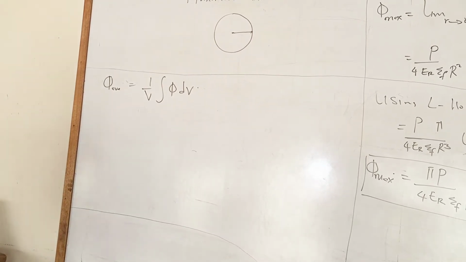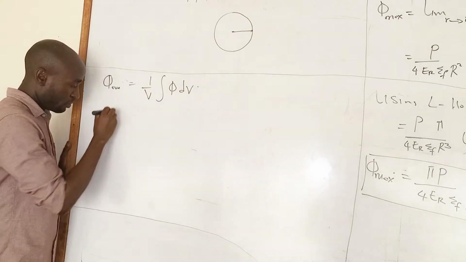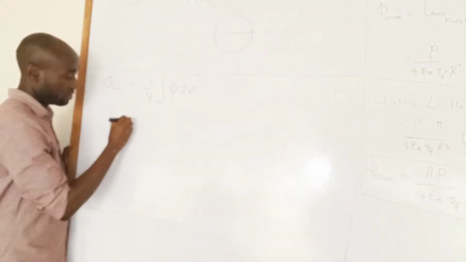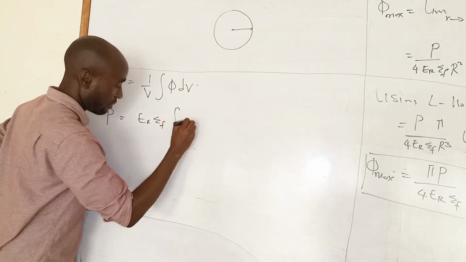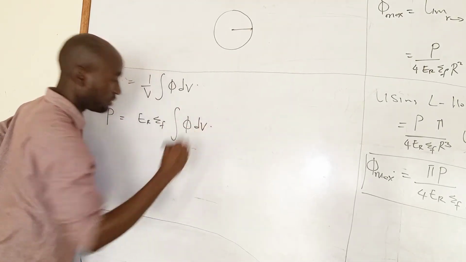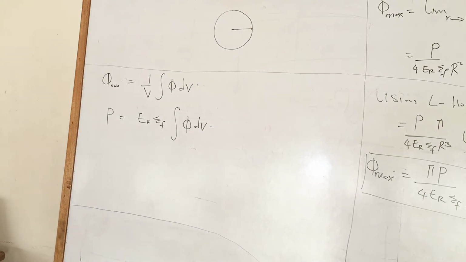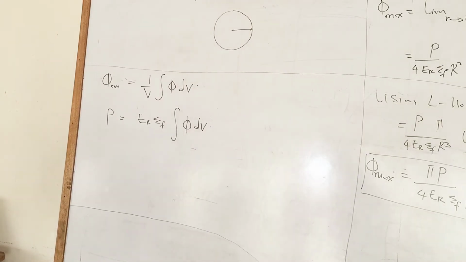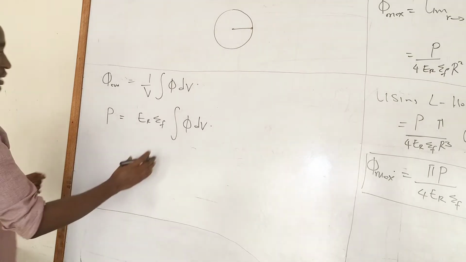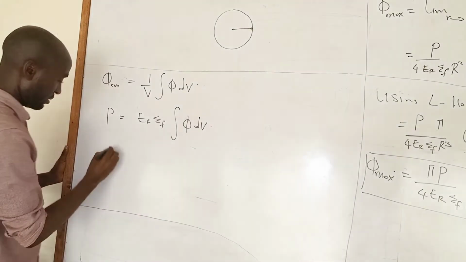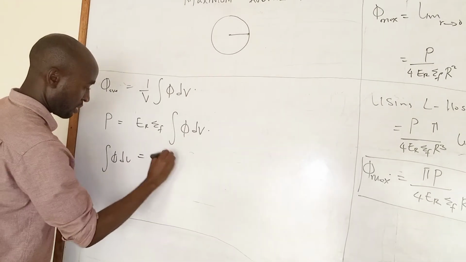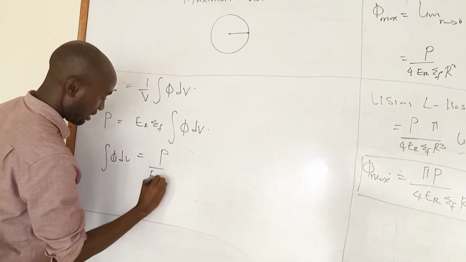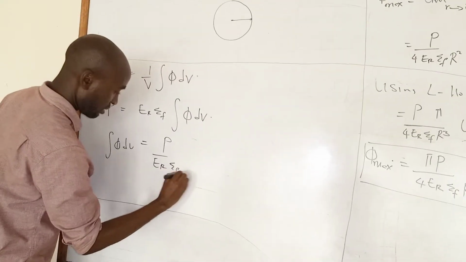But we know that P, the operating power, is equal to ER EF times the integral of phi dv. So from here, I know that the integral of phi dv will be P over ER EF.